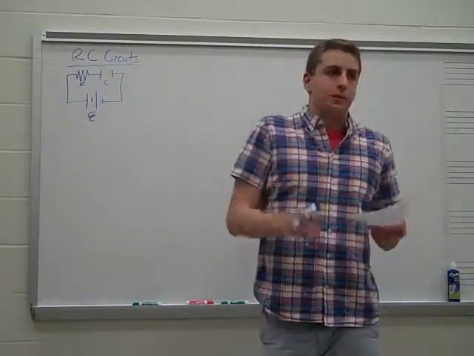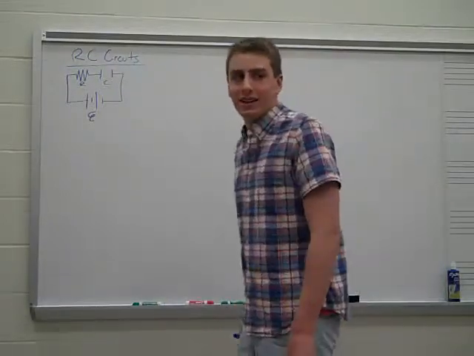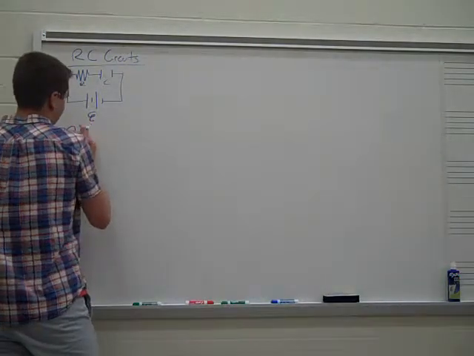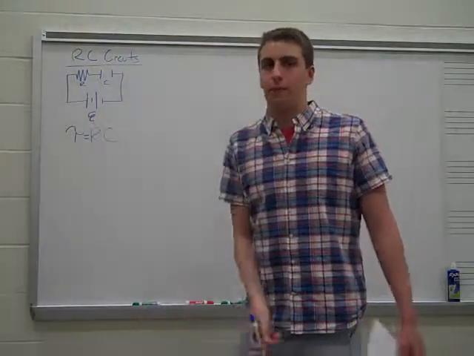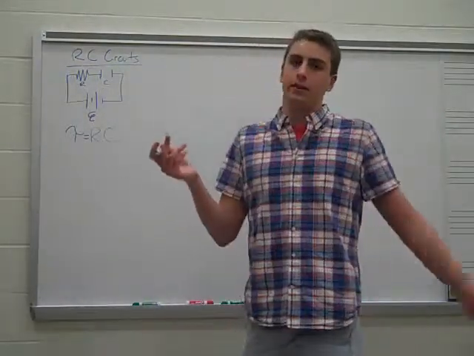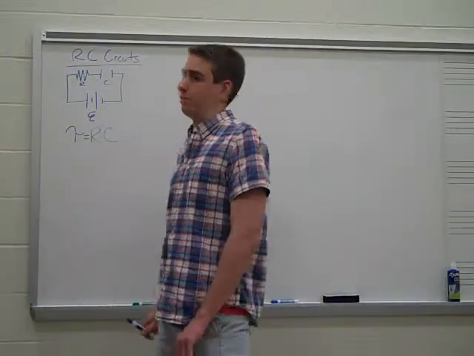So one thing you should know before we get further into RC circuits is the time constant, or tau, which is a nice little curly T here, right? Which represents torque in mechanics, but in our context it's going to be for the time constant of a circuit.